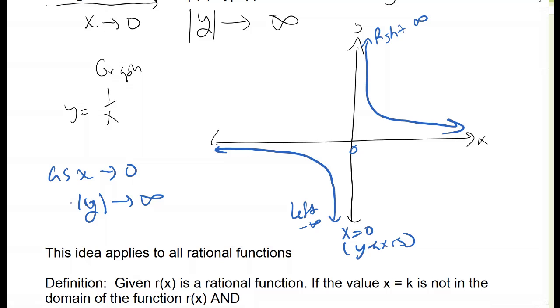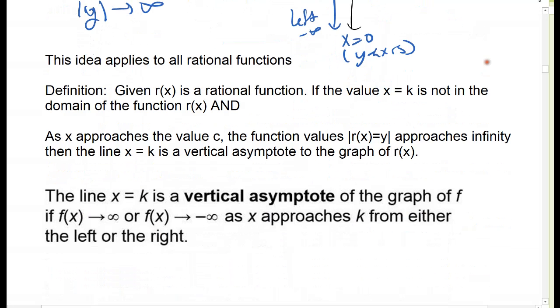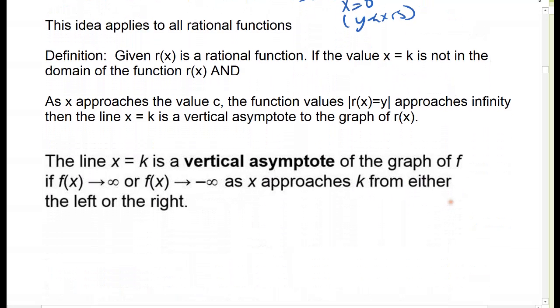Now we're going to extend this idea to all rational functions. By definition, if my function r of x is rational, meaning I have two polynomials divided together, and the value k, some constant, is not in the domain of the function, there are two things that can happen.